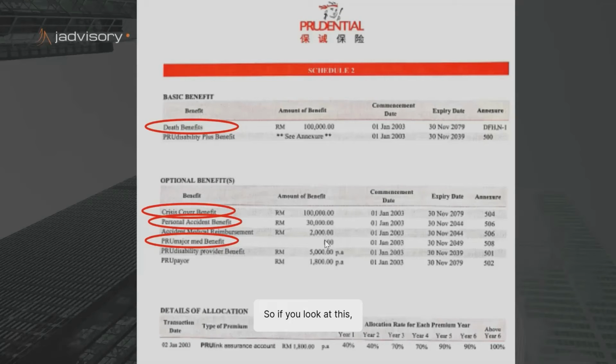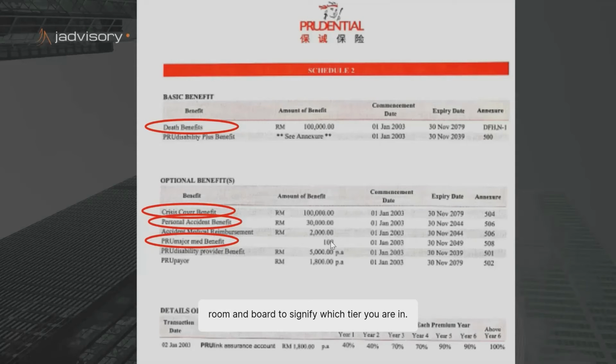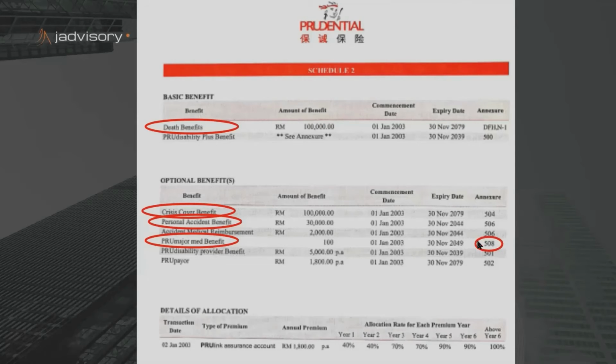So if you look at this, this is not your limit. This basically means the room and board. Typically the standard for all the insurance companies is that they use the room and board to signify which tier you are in. So if you're having a Prudential policy or whatever policy that you have, what you want to do is to look at the annexure.